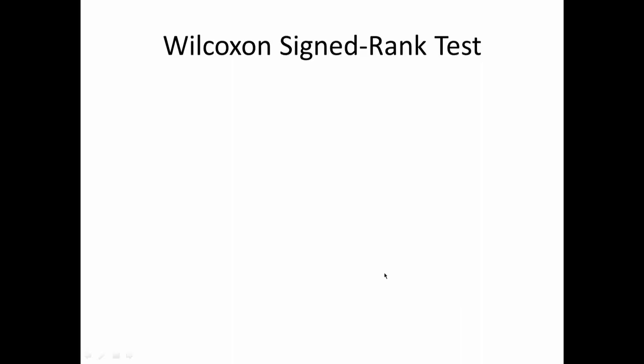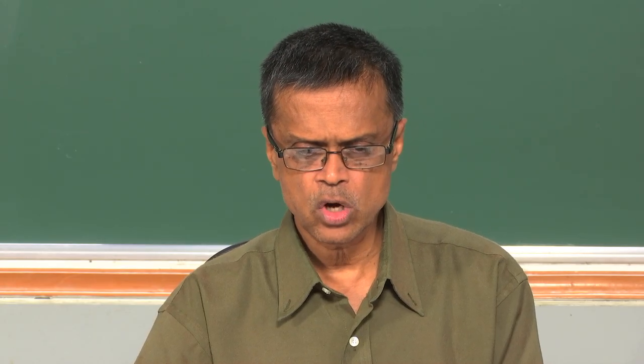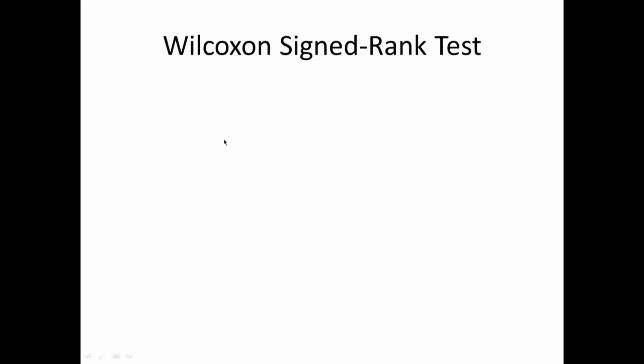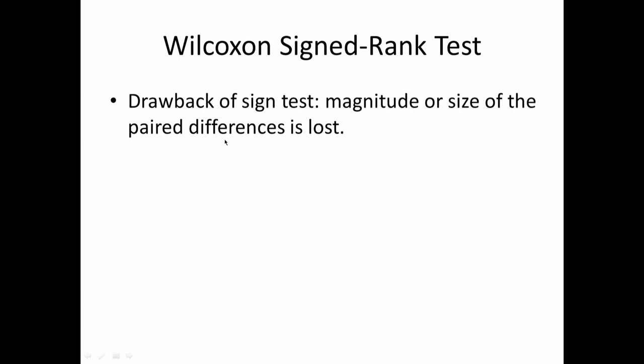But the sign test has this biggest drawback, because it does not consider the magnitude of the sign, it just looks at the signs, plus, minus, and so on. In order to overcome that problem, we have something called the Wilcoxon signed rank test. It does a little bit consider the magnitude.